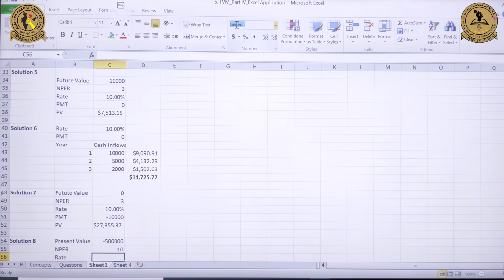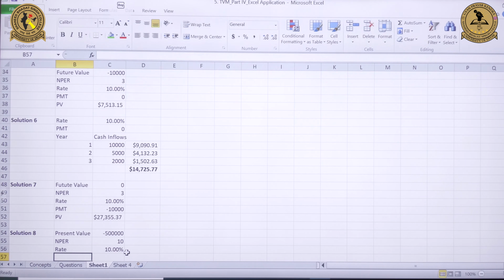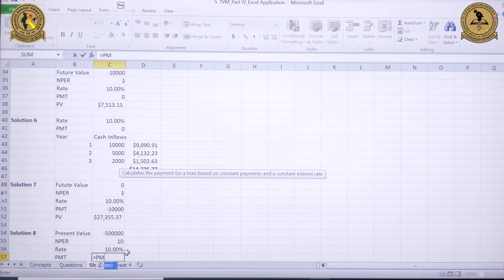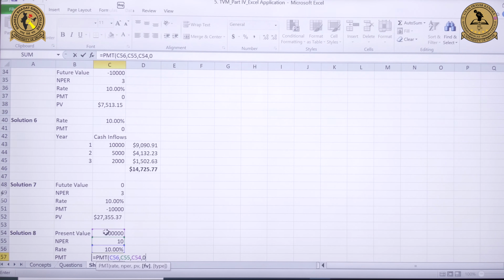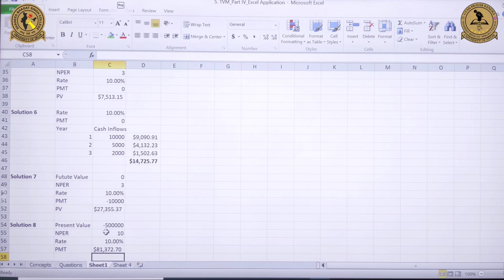So I need to select a percentage over here and then write 10, and we need to calculate the PMT equals to PMT. The moment you double click on PMT, again it is asking for rate, comma, NPER, which is 10 in this case, present value, which is minus 5 lakh, future value is optional, and this is also optional. The amount comes out to be 81,372 rupees 70 paisa.